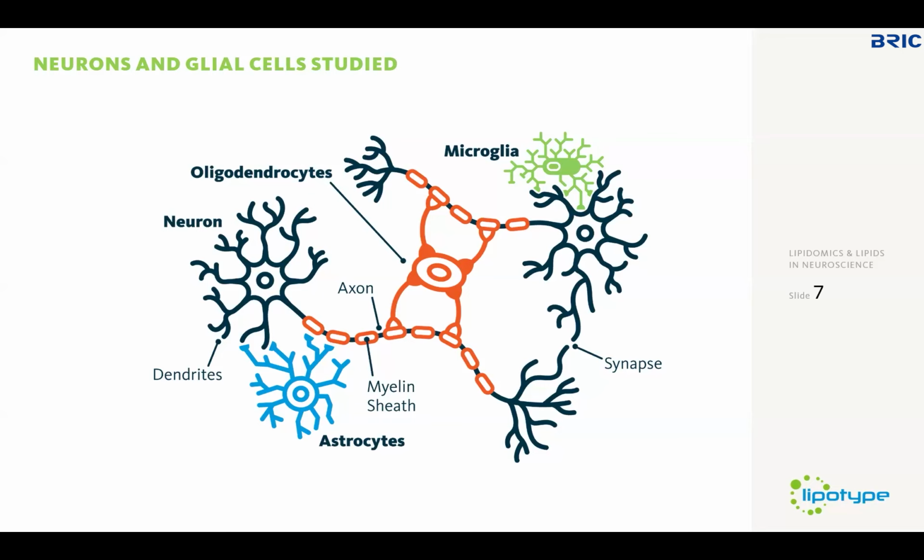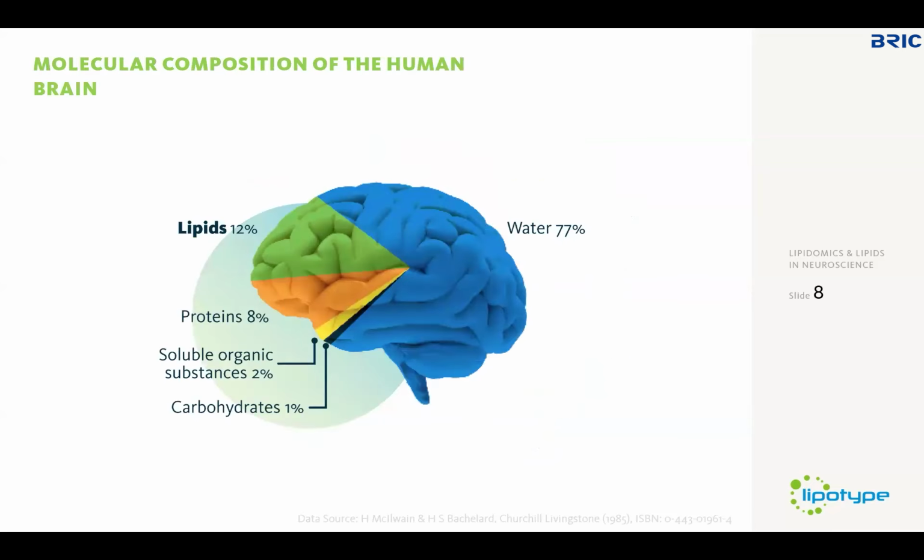The primary function of oligodendrocytes is to generate myelin. Astrocytes recycle neurotransmitters, shape synaptic circuits, and maintain the blood-brain barrier. And microglia are mainly related to immune responses and brain homeostasis, and play a crucial role in myelination and remyelination. Those are the types of cells that were studied in this particular work.